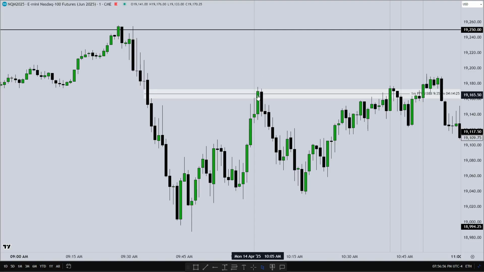So from 10:04, 10:05, 10:06, 07, 08, all throughout here, you can see that we never really come back up into that gap again, and we didn't close above it here. So what I put in my journal to the left is 10:04, bearish fair value gap, slash, SIBI.